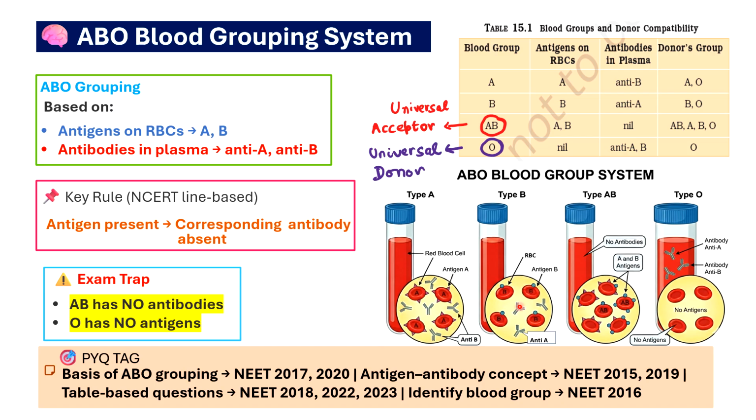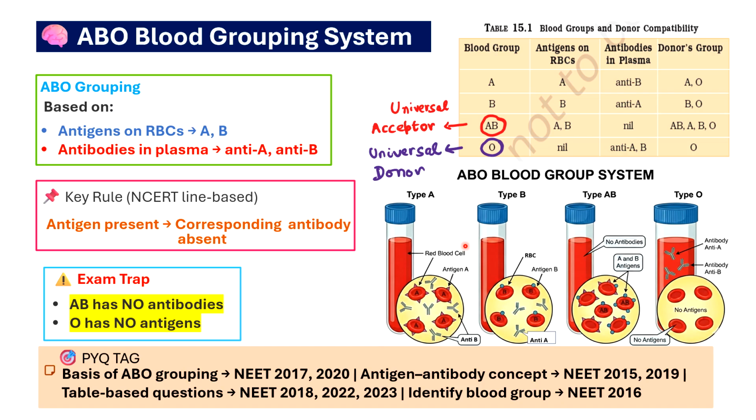on their surface. Why? Because a type B person has antigen B on the RBC surface and anti-A in the plasma. So this anti-A will react with the antigen A present on the RBC surface.